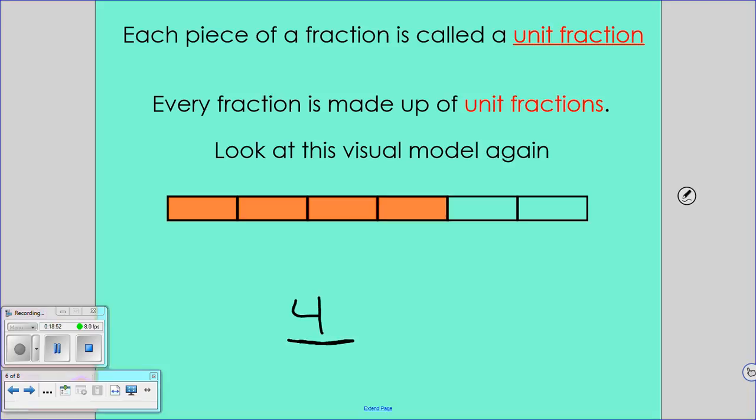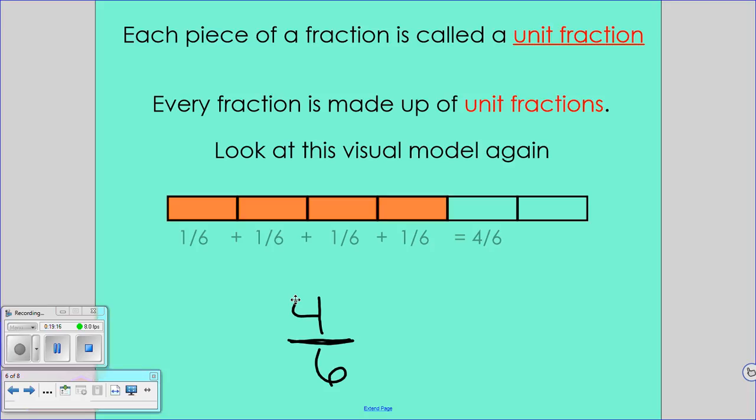I'm not going to say out of 6. I'm going to use the actual fraction term. I know there's 6 total that I need to make a whole. So it's going to be 4, 6. Now I'm going to show you what unit fractions might look like. So this piece is 1/6. This piece is 1/6. This piece is 1/6.